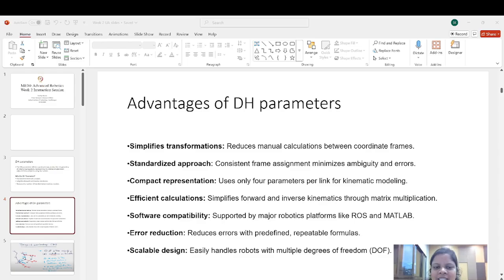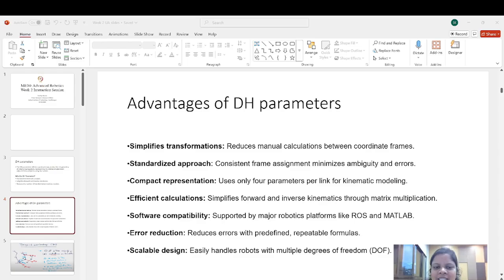Apart from that, it is a standardized approach because you always have to have the z-axis along the axis of the revolute joint or along the axis of translation of the prismatic joint. Then it is a compact representation and it has efficient calculation because you'll make a table, substitute the values and get the answer. In software also, in MATLAB, it is very easy.